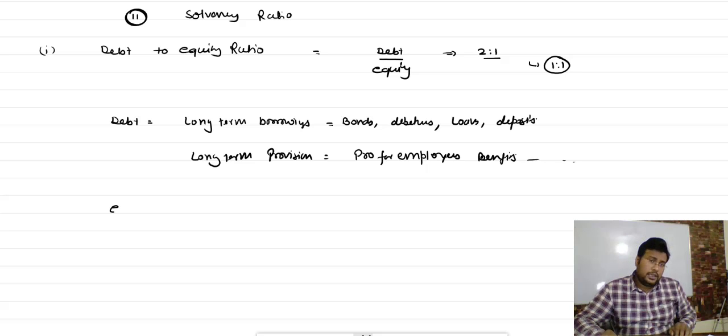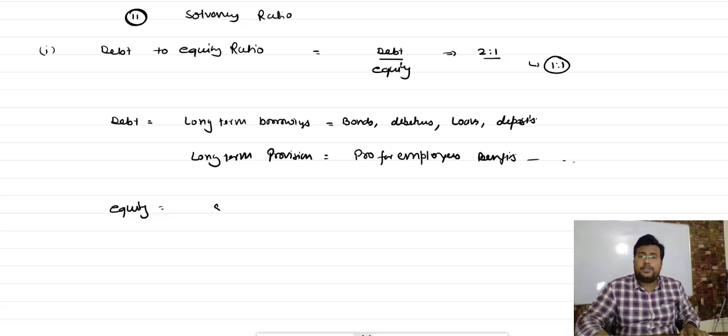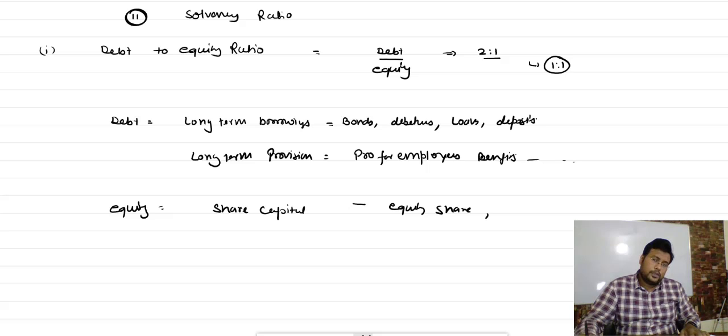Now under the equity, what things generally come? The share capital. By equity, mainly share capital. Now in share capital, it can be equity share, it can be preference share.